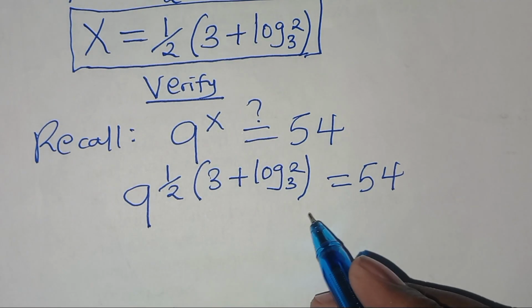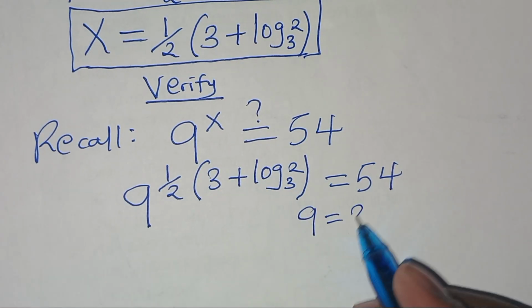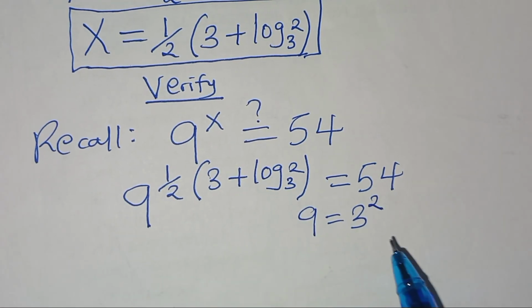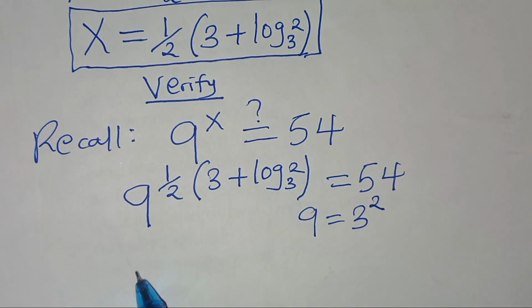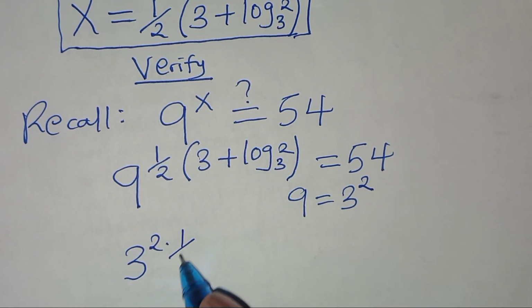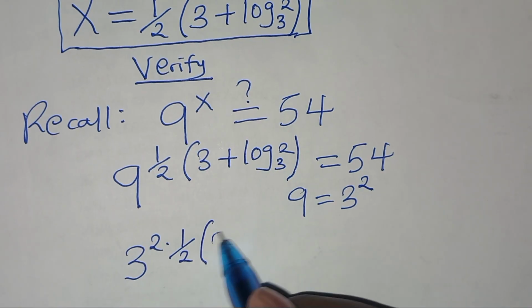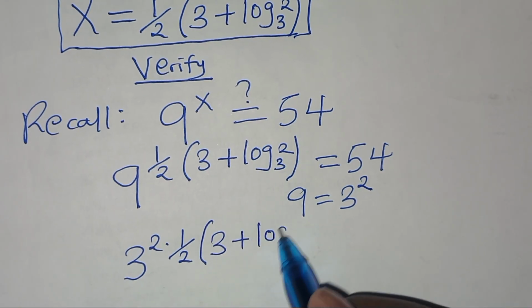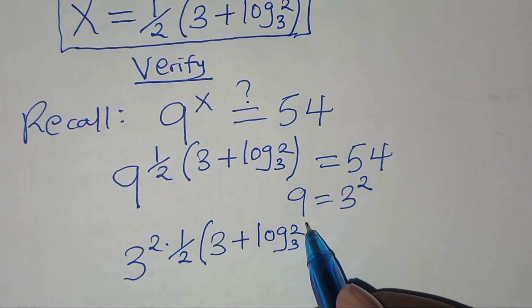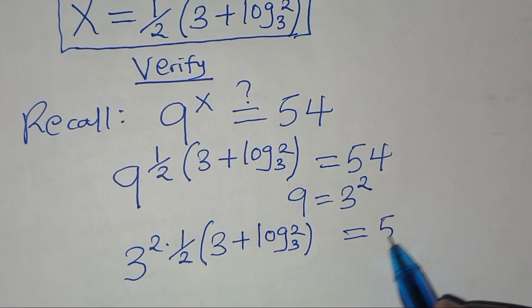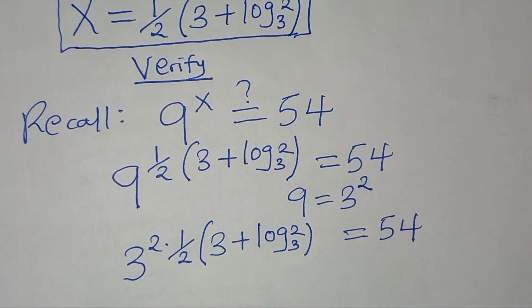So we can express 9 basically as 3 to the power 2. Substituting this, here we have 3 to the power 2 multiplied by a half into the bracket here, 3 plus log 2 to base 3. This should give us a value of 54.